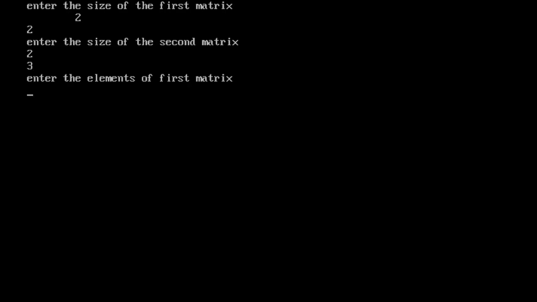Okay, now it is asking to enter the elements of the first matrix, which is 2 into 2, that is 4, so we need to enter 4 elements. Then it is asking to enter the elements of the second matrix. The size of the second matrix is 2 into 3, which is 6, so we have to enter 6 elements.